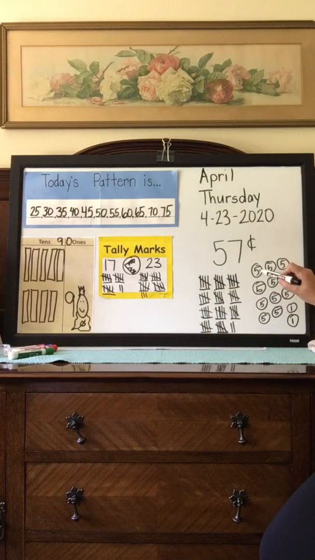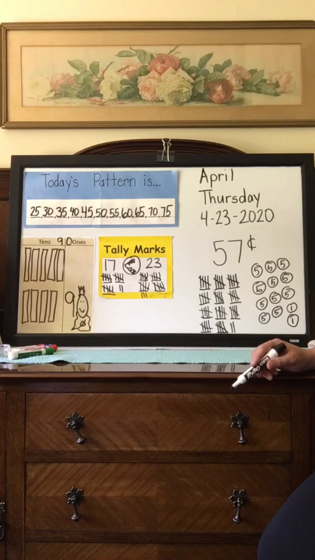Here we go. 5, 10, 15, 20, 25, 30, 35, 40, 45, 50, 55, 56, 57. Okay, so 11 nickels and 2 pennies would make 57 cents.